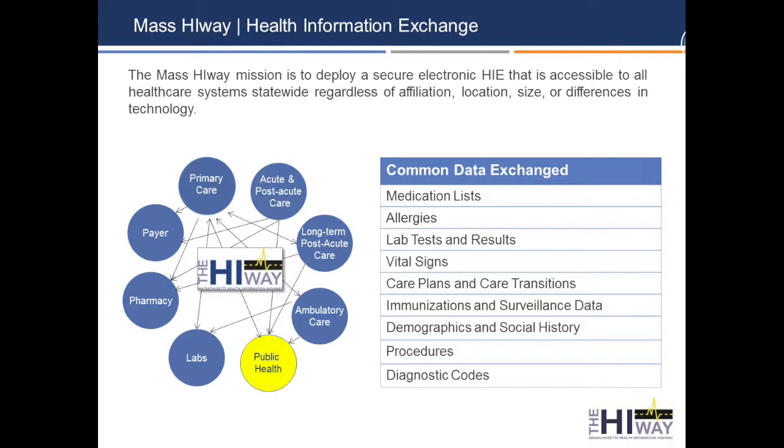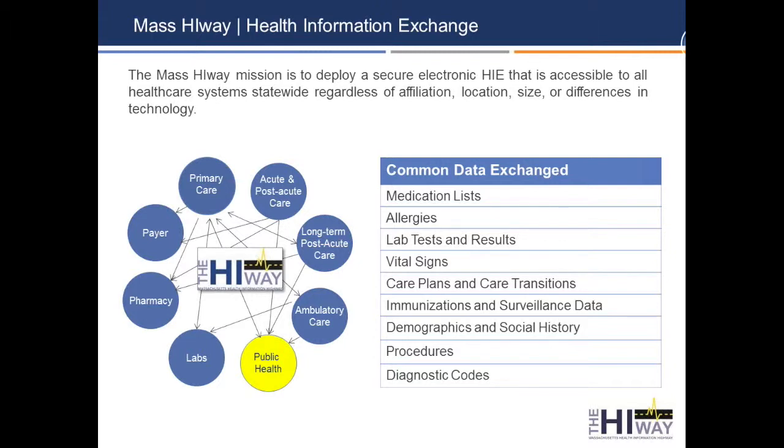One of the unique things about the Mass HIway, which we believe will lead to sustainability long term, is that there is no central data repository. We are strictly a direct secure messaging HIE, where all the information is housed on the participant side as well as the recipient side, whether that recipient be another provider or the Department of Public Health.